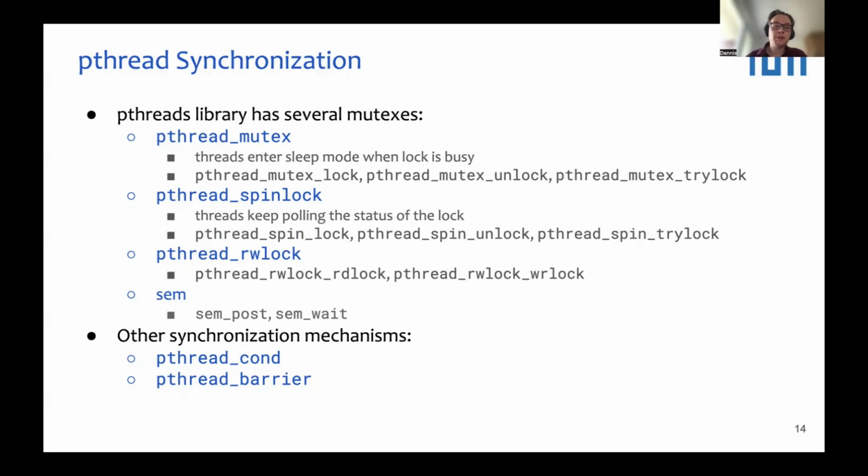And that contrasts the spin lock, which will repeatedly keep asking whether the lock is available. So it will ask, hey, is it available? Is it available yet? Until it becomes available, and it will immediately acquire it. Then there is a pthread read-write lock, which, like we said before, allows multiple readers or one writer.